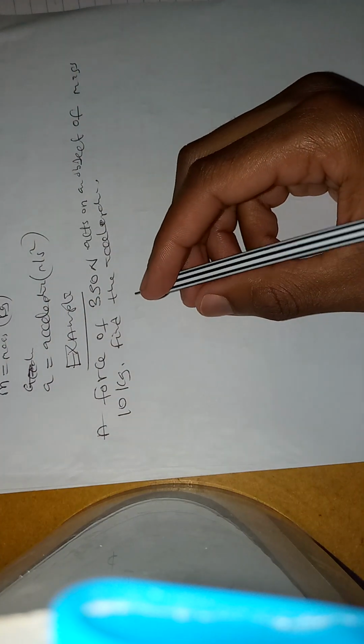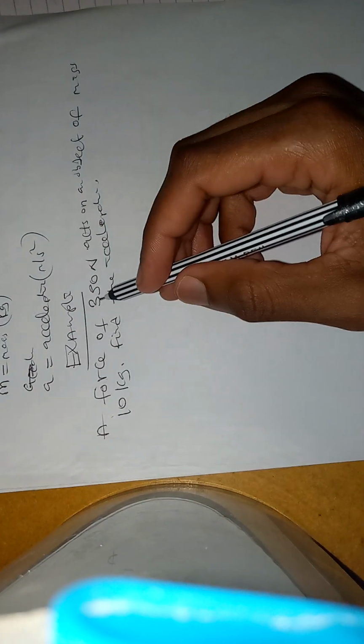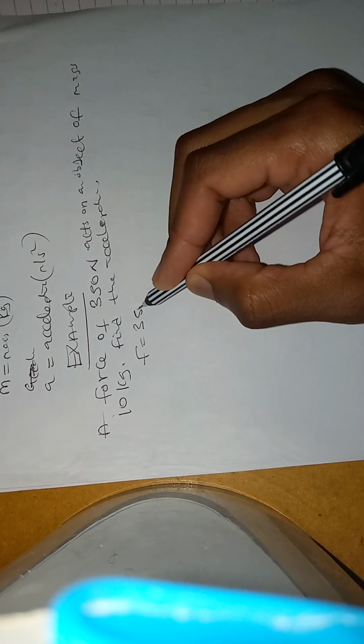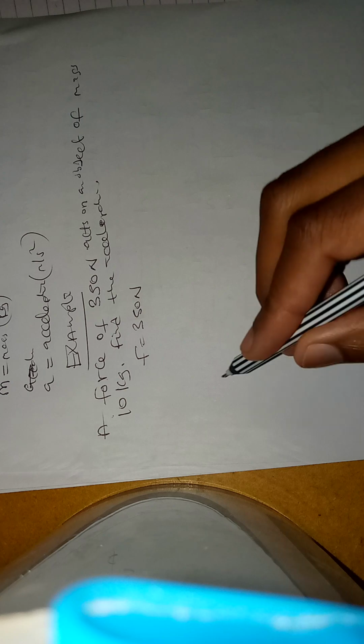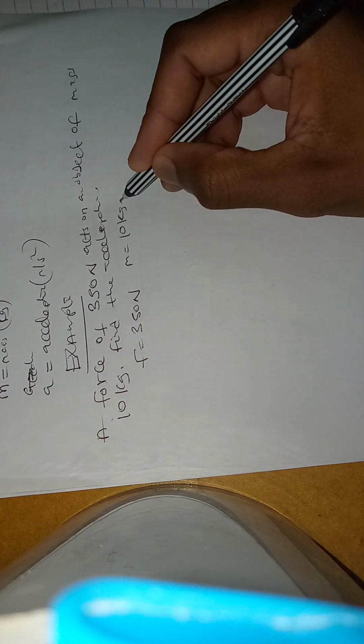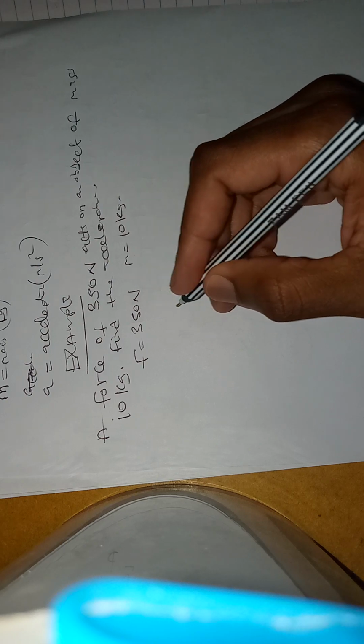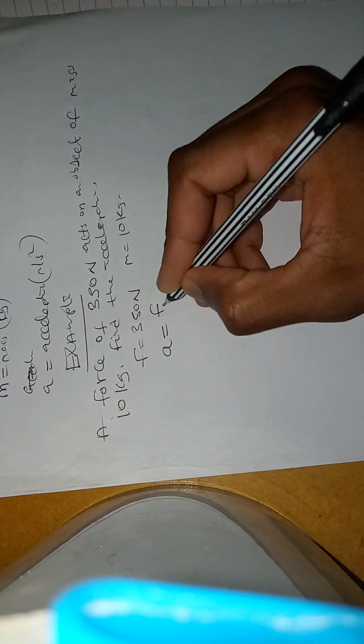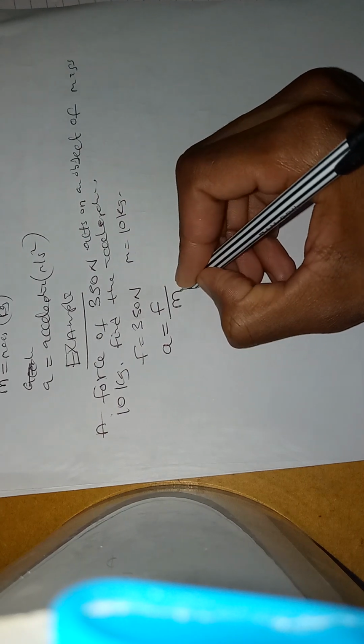As I always say, you first collect the data. We are told a force of 350 newtons, so force is equal to 350 newtons, and the mass m is 10 kg. The question is find its acceleration. Acceleration is directly proportional to the force and inversely proportional to the mass.